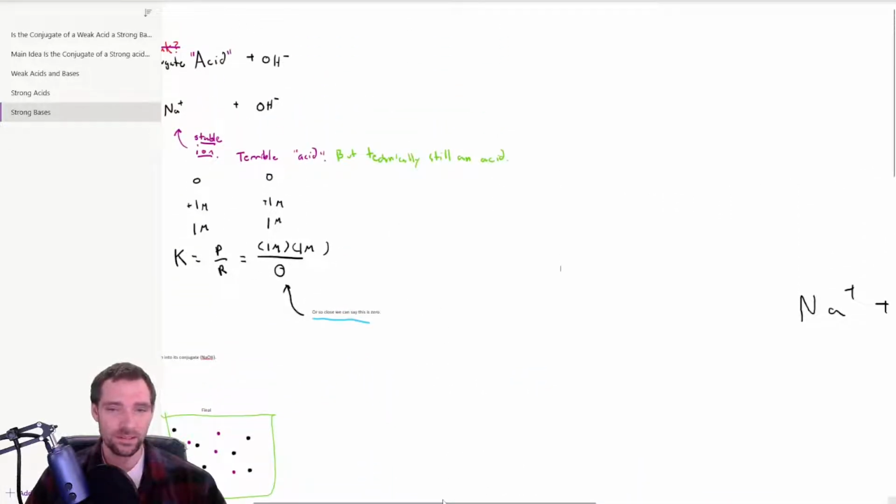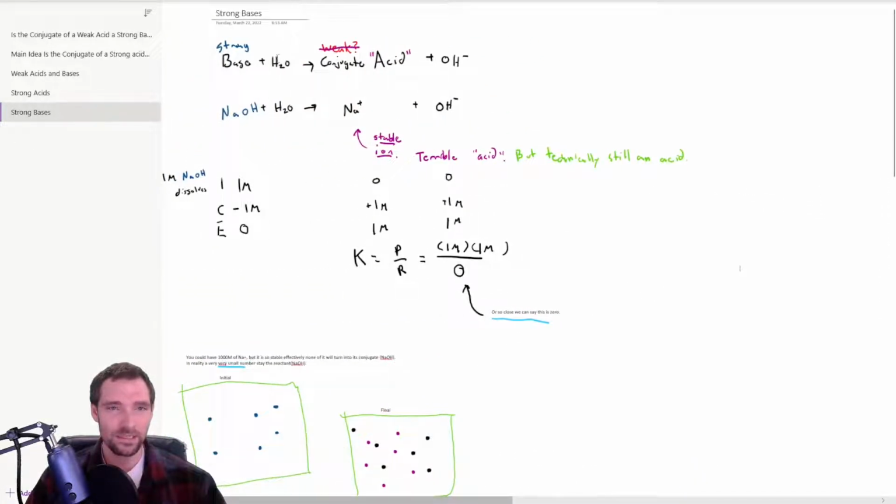So we're saying that this base dissociates completely into the sodium and the hydroxide ions. So all of it will dissolve with our ice table here. We had 1 molar, we changed, got rid of that molar. Now we've got effectively 0 left of this, and we've made it all be the products.